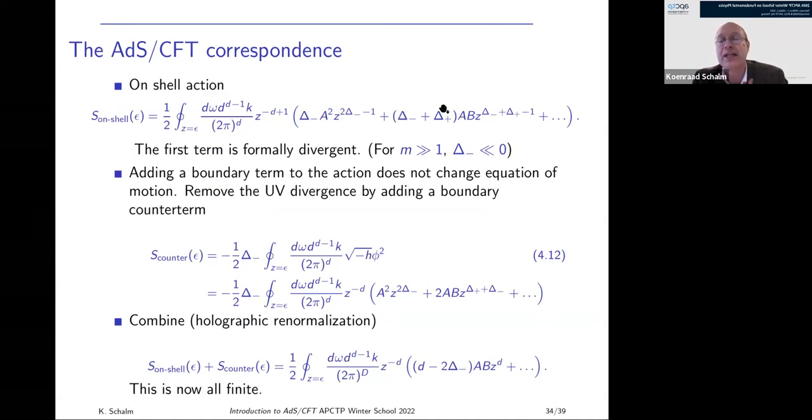Then there is a mixed term with a B on one side and an A on the other, and the other way around. One time I take a derivative of Z to the delta minus, and the other time of Z to the delta plus. That's this term.